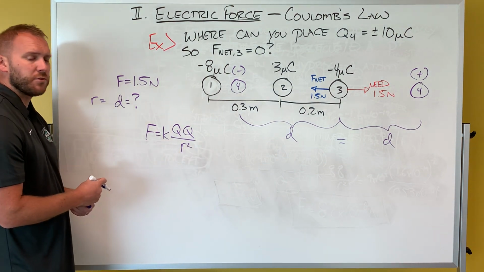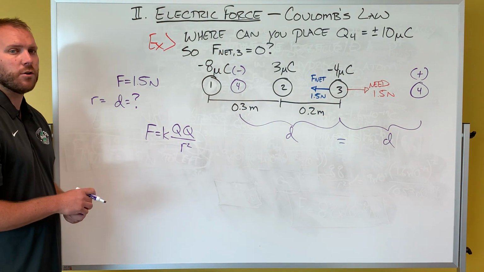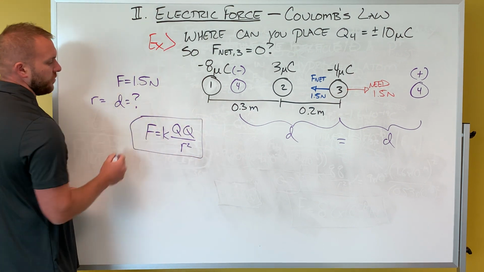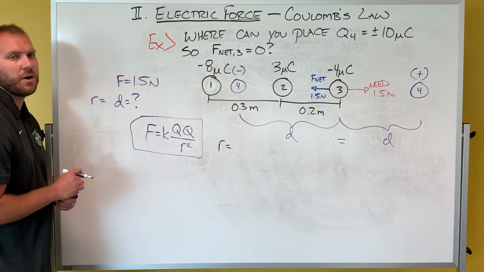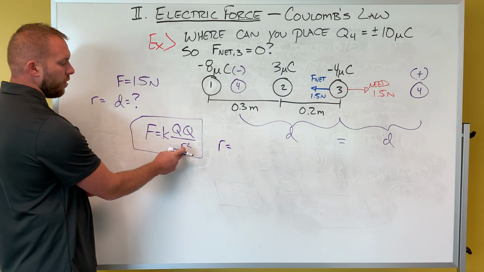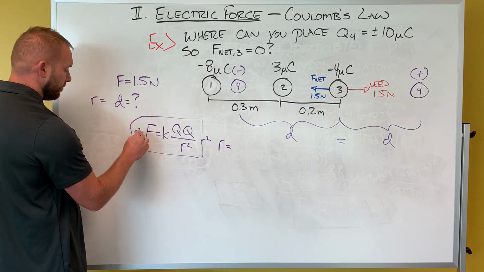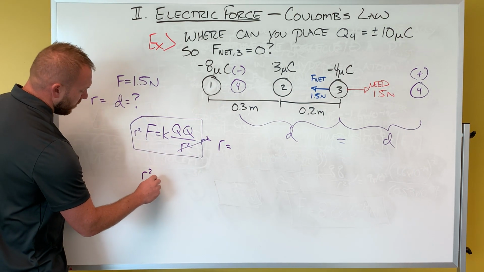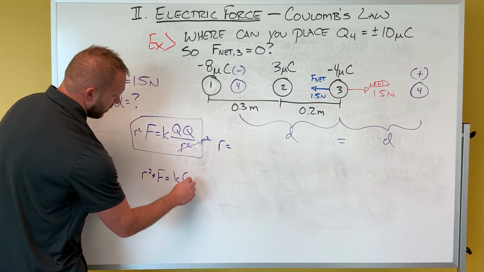I'm going to work through it, and this is a really good habit that we need to start getting into: the numbers really don't matter right now. What we need to do is manipulate this equation to find something that just says R equals, because that's what our final value is asking for. So to do that, I'm going to get R squared off the bottom. I'm going to multiply each side by R squared. That cancels my R squareds out there, and I get R squared times F equals KQ.